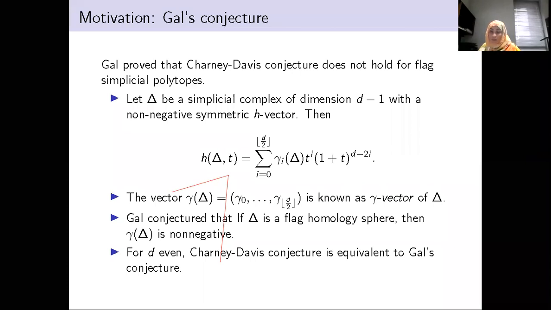For those familiar with Stanley-Reisner theory, these are the simplicial complexes whose Stanley-Reisner ideal is generated in degree 2. A simple example: the boundary of the two-dimensional simplex is not flag, because here the minimal non-face is {1,2,3}, whose cardinality is 3, but the dimension is 2.